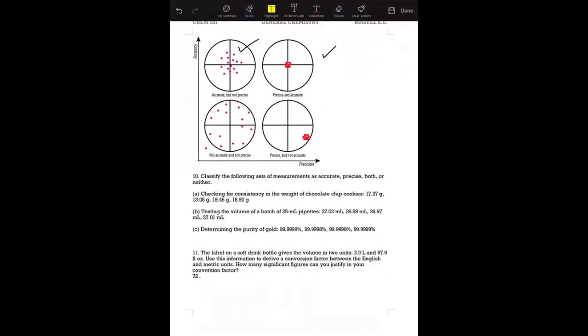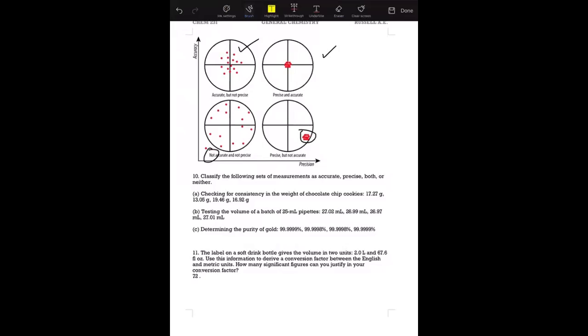This is accurate, but not precise, meaning I'm somewhere in the ballpark of the bullseye, but my numbers are not very close together. This is neither. Notice how the data points are all over the place. And this is very precise, but inaccurate.